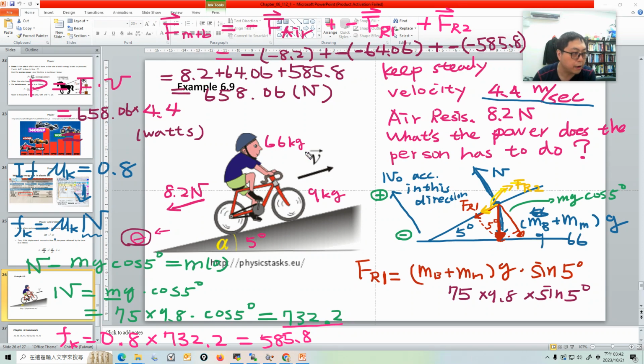So it will become 2895.5 watts. Okay, so if you are to overcome the air resistance, overcome your weight, overcome the friction, you have to produce 2,895.5 watts to overcome this resistance and also keep a constant velocity motion.